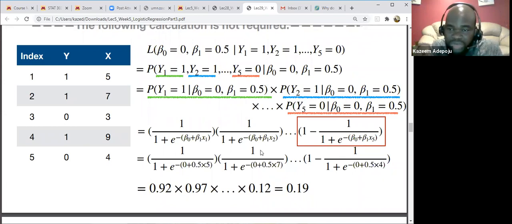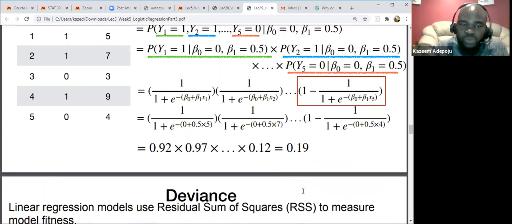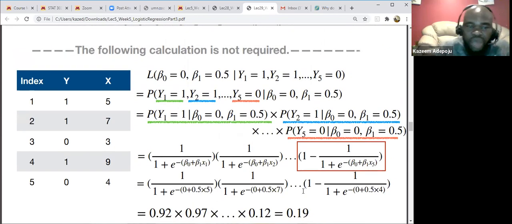Now if you take a look at what I have right now, if you multiply the probabilities that you computed all together, you're actually going to have a 0.19. Now if you have a 0.19, what are we actually talking about?